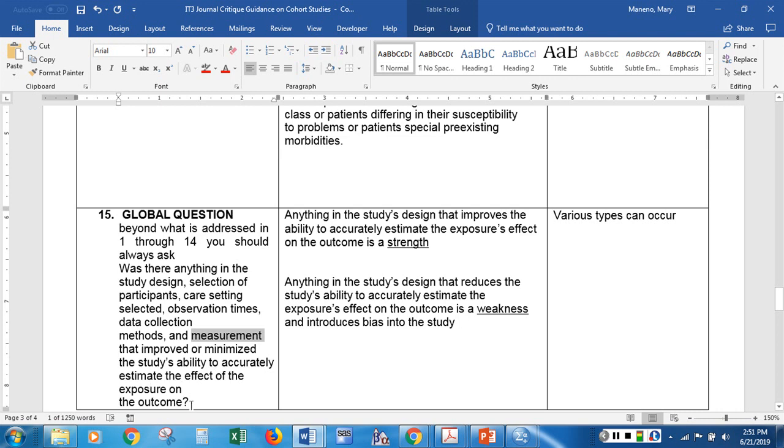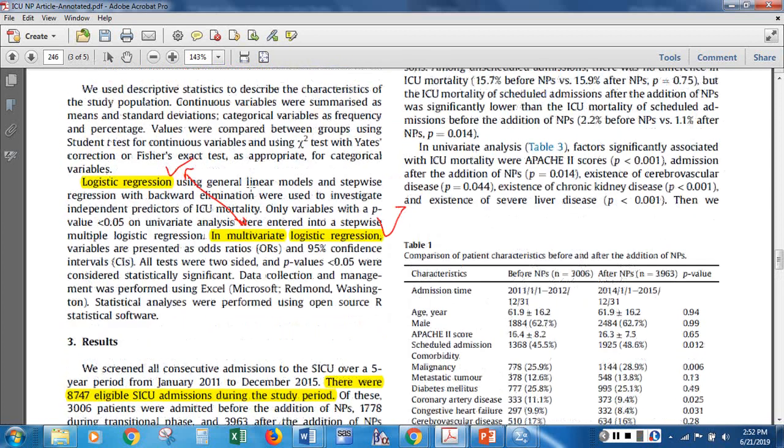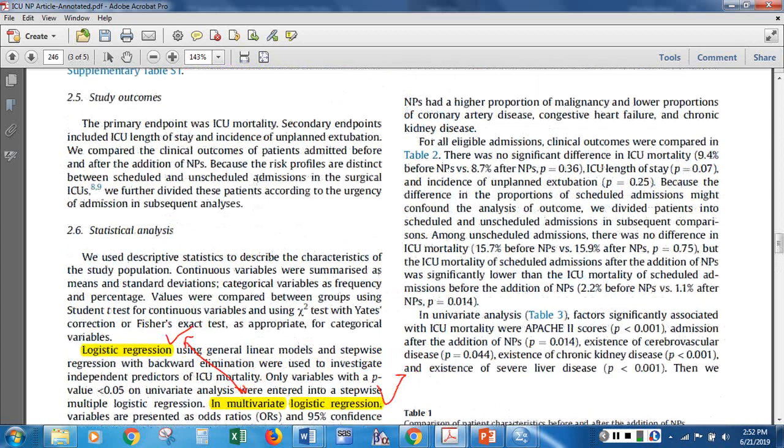I think we covered everything based on this point. We looked at everything, and I believe there's nothing else we missed. So this is sort of a catch-all question: is there anything else? In looking at our study and all the areas, I don't think there's anything else we could point to that could have potentially affected the effect of the exposure on the outcome.